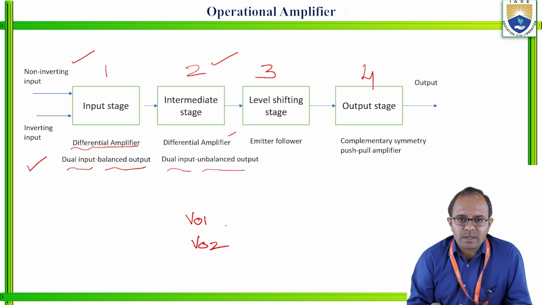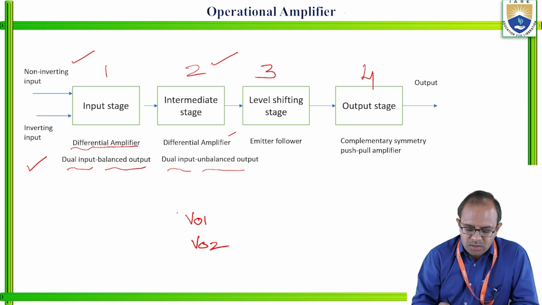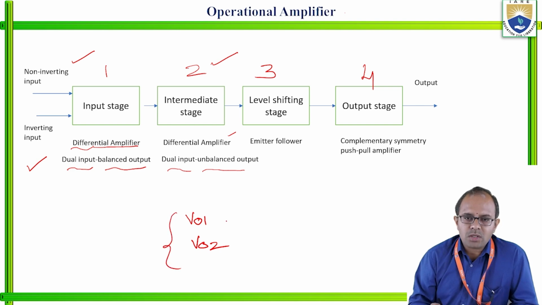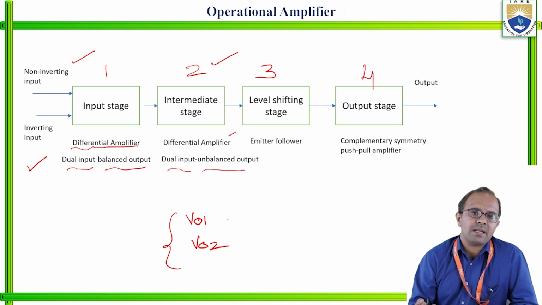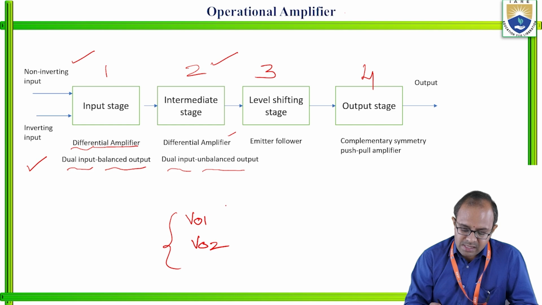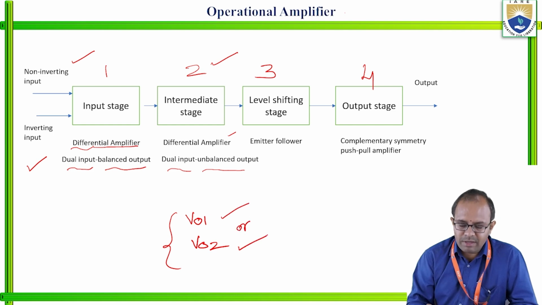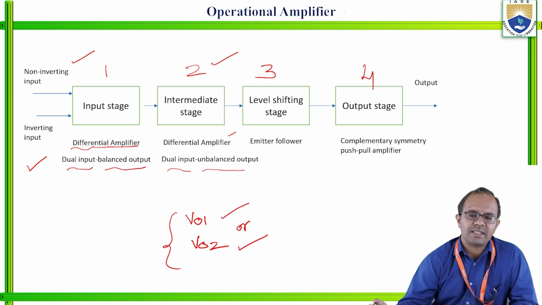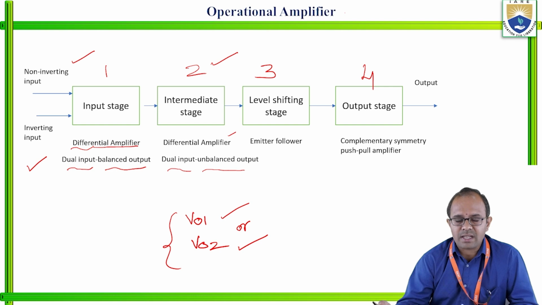If it is your balanced output, both output voltages are significant. If you consider an unbalanced output differential amplifier, the output can be either VO1 or VO2. That is, the output from any one of the transistors is considered for the analysis.